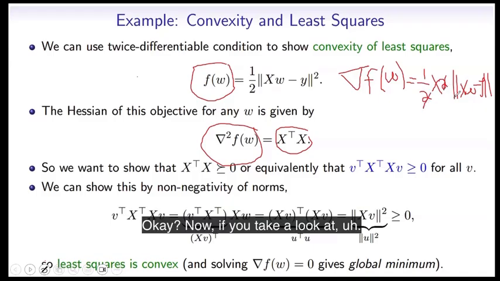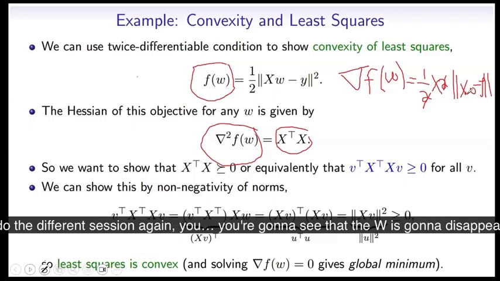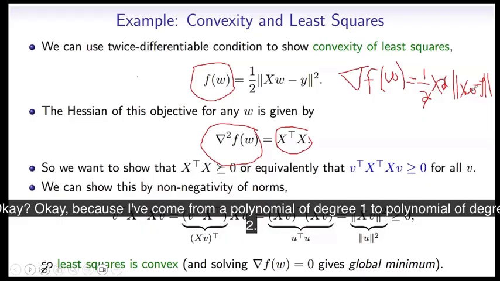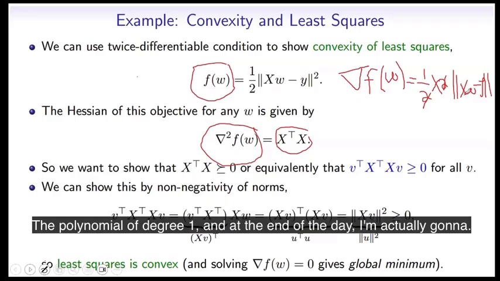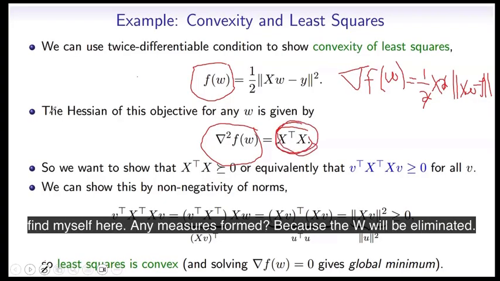Now, I cancel this guy and I cancel that guy. If you take a look at what I have right now and I try to do the differentiation again, you're going to see that the W is going to disappear, because I've gone from a polynomial of degree two to a polynomial of degree one, and at the end of the day I'm going to find myself here in a matrix form, because the W will be eliminated.